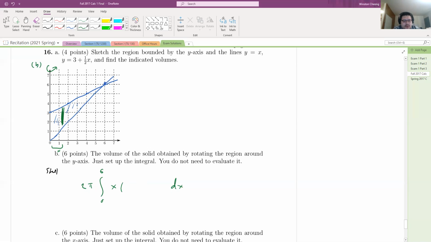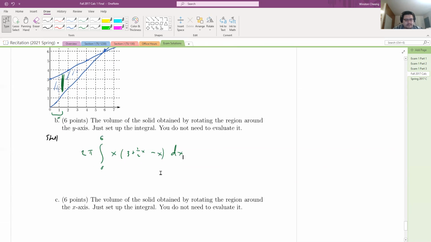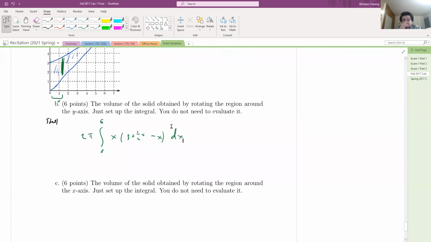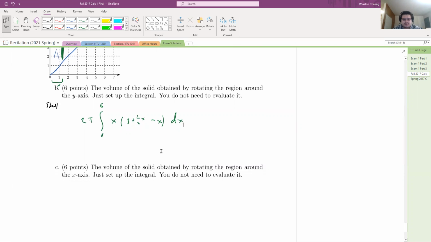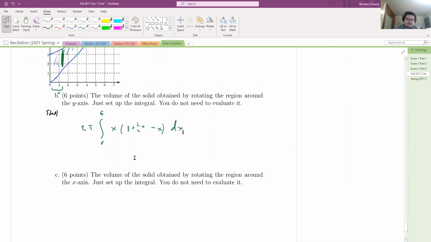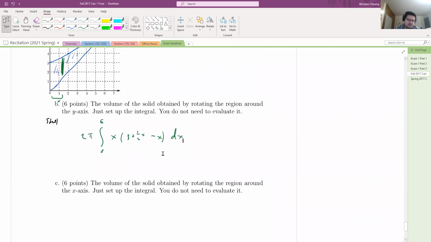In this case, the top one is the 3 plus 1/2 x, and then we subtract x. And we could just leave it as that since the problem doesn't ask to evaluate it. Not needing to evaluate is just a time-saving measure. It's kind of expected that you would know how to integrate this kind of thing. It's pretty straightforward. This is a polynomial.